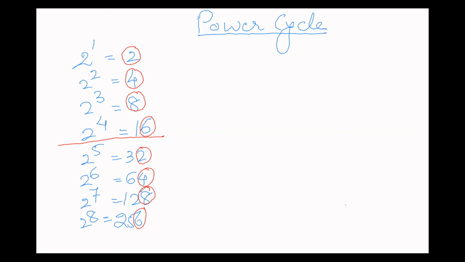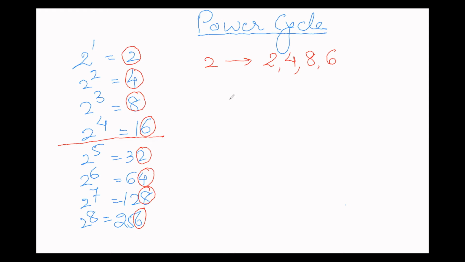So I am very much confident whatever is the power of 2, I can get 2 at the units place, or 4 at the units place, or 8 at the units place, or 6 at the units place. So this will become the power cycle for the number 2. Right?